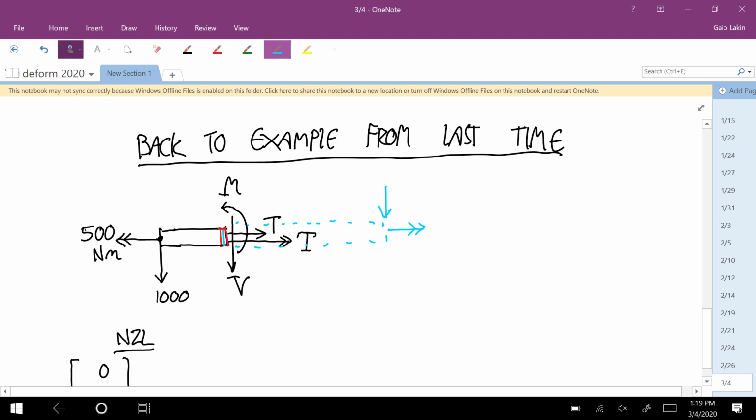We're not dealing with any of the internal loads on the left side of that isolated sliver. We're only dealing with the loads acting on the right side of that sliver, so we're only using the sign convention of the right side. And then we go all the way from the far end to the point that we care about. So these are still the external loads. The only internal loads are on the right side.